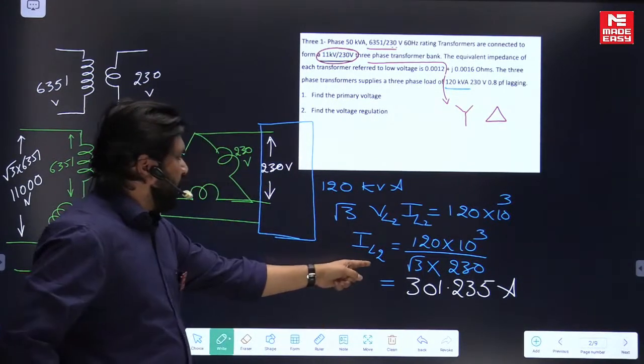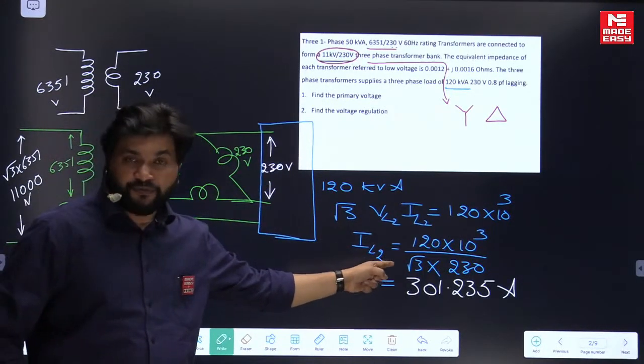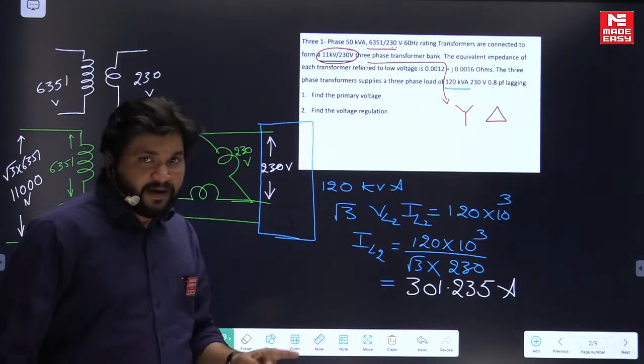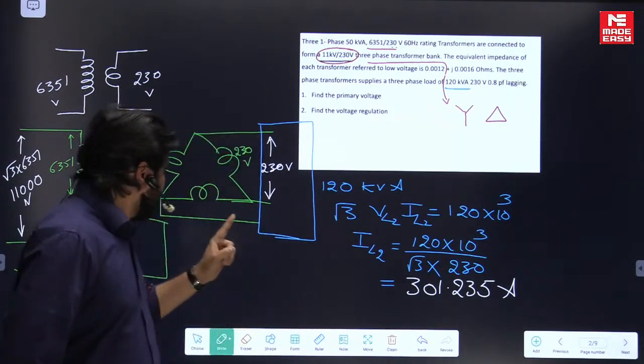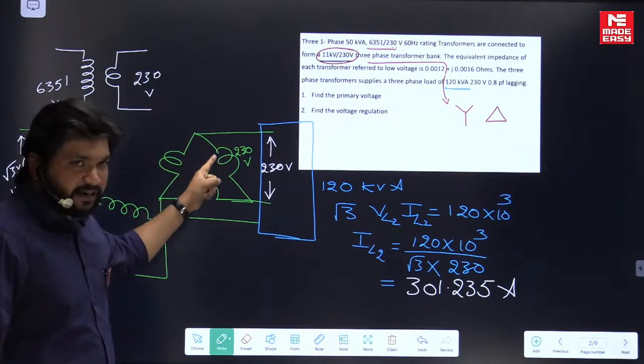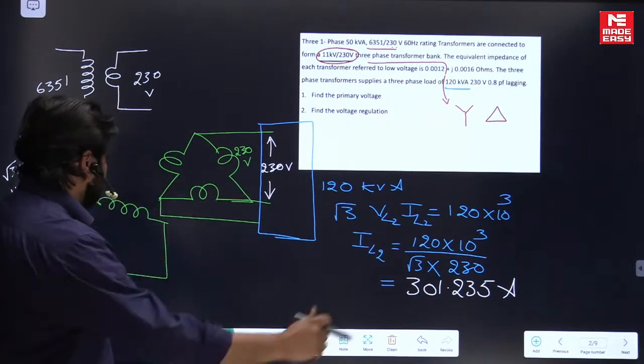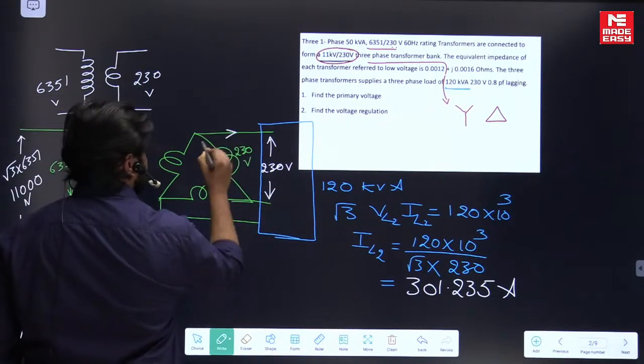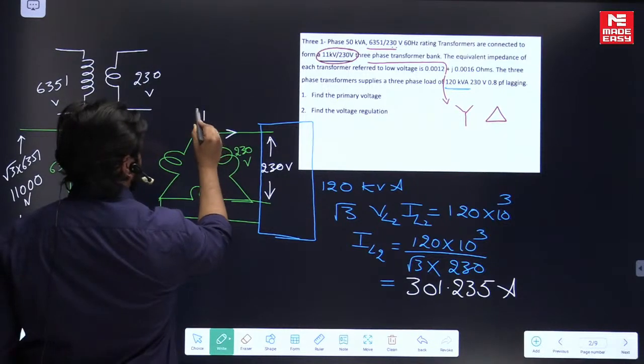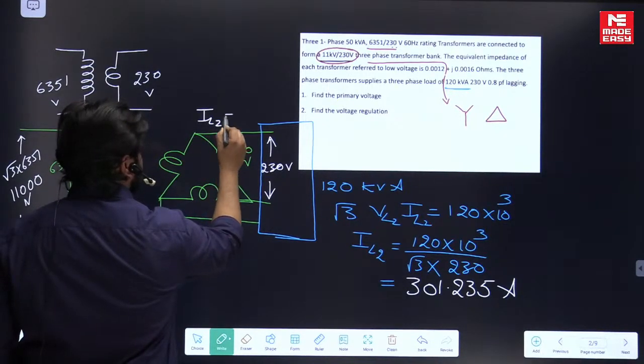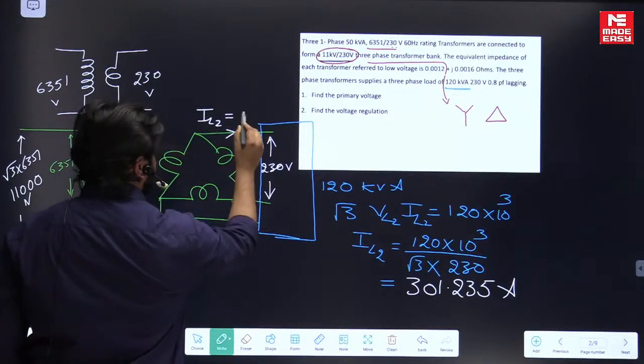So we got the line current. Whenever we are dealing with the delta side, there is a relationship between line current and phase current again. We should not forget it. This is I_L2, that is 301.235.